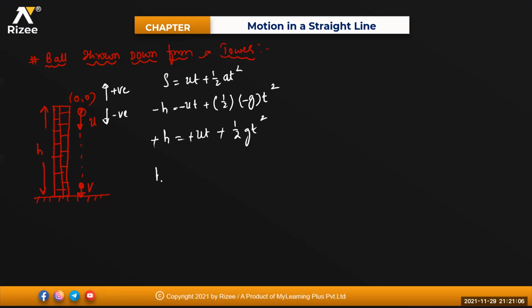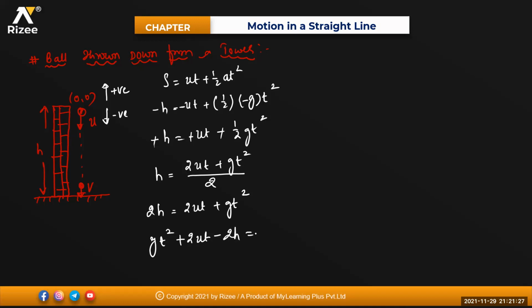So h is equal to 2ut plus g into t square divided by 2. Simple. That means 2h will be equal to 2ut plus g t square. So if I'm writing in the form of a quadratic equation, g t square plus 2ut minus 2h will be equal to 0.